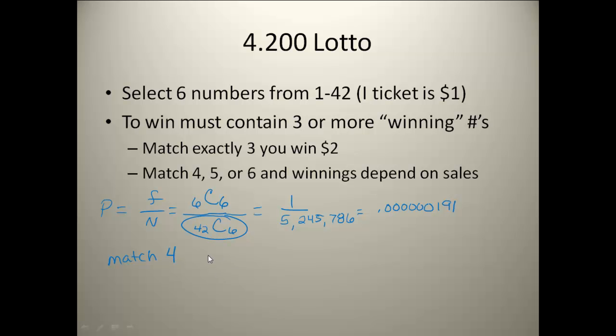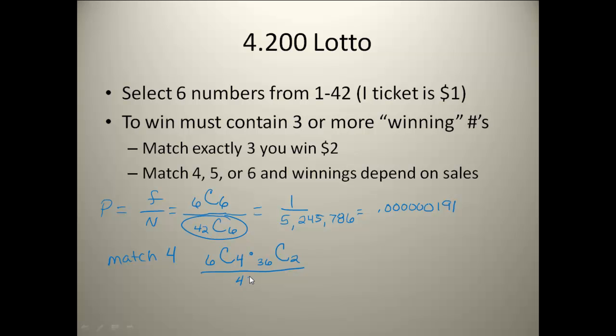So from my 6 winning numbers, I need to pick 4 of those winning numbers. But now you have to keep in mind, we also have to pick 2 losing numbers. Well, out of the 42 numbers, if 6 of them are winners, that means 36 of them are losers. So from those 36 numbers, I need to pick exactly 2.